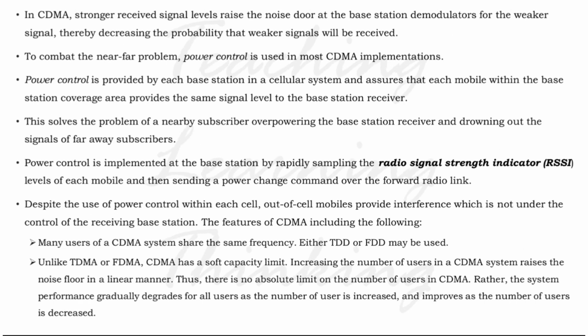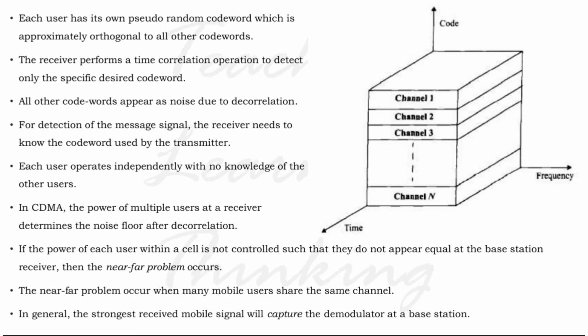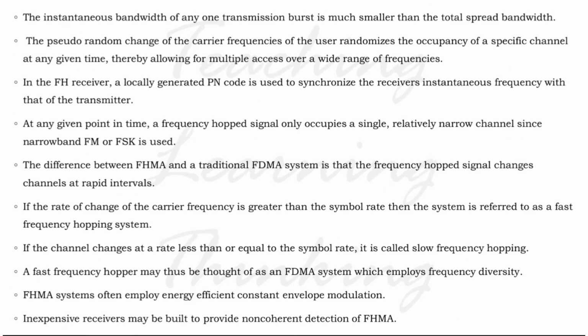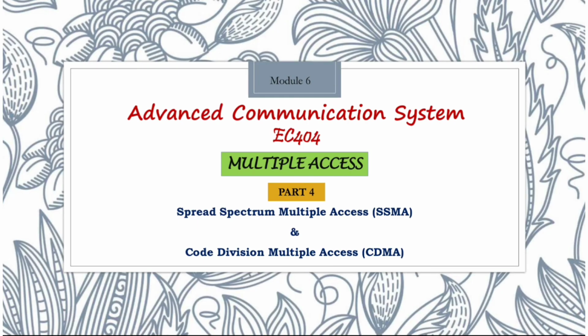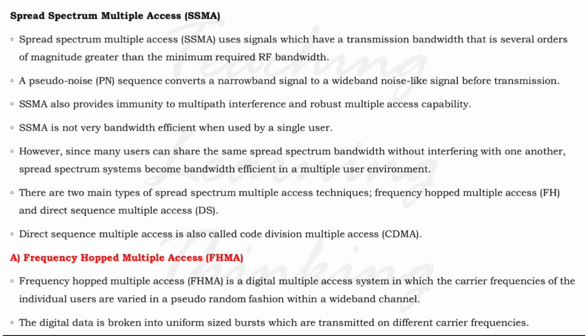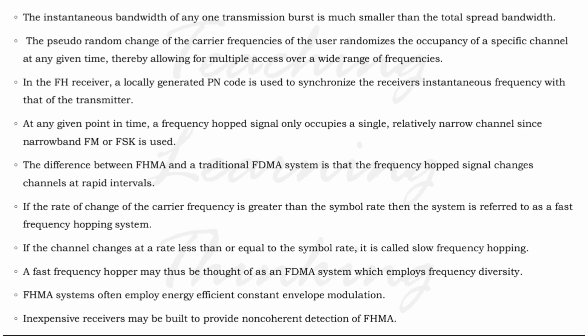That's all about today's video, and you can refer to this video. So this is all about SSMA, spread spectrum multiple access techniques. We have discussed FHMA, frequency hopping multiple access techniques, and direct sequence multiple access techniques. So we have discussed SSMA and CDMA. CDMA is also called direct sequence multiple access.